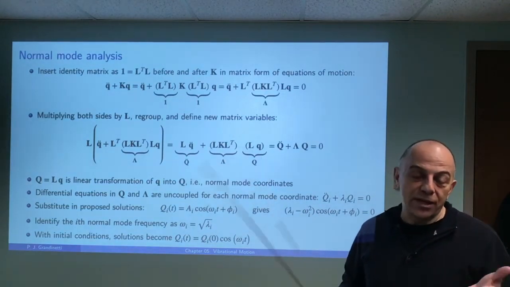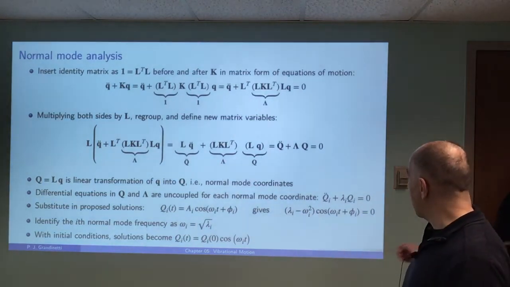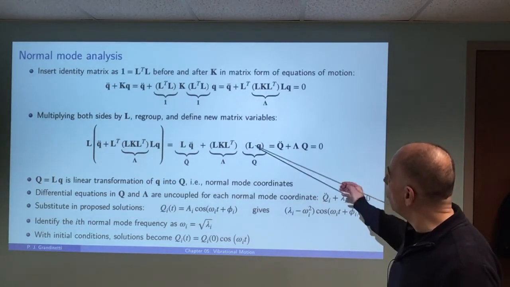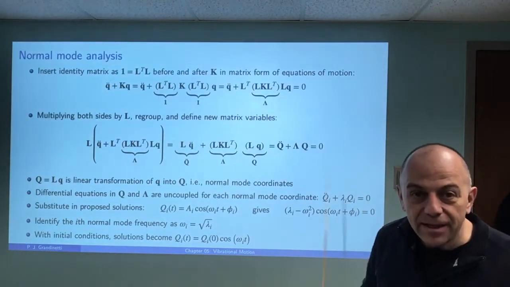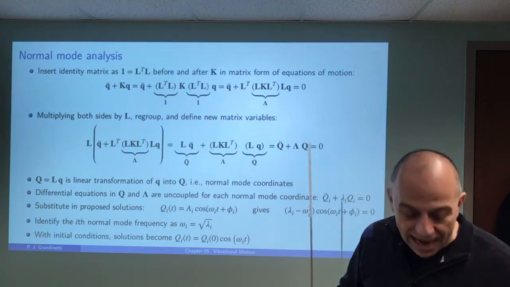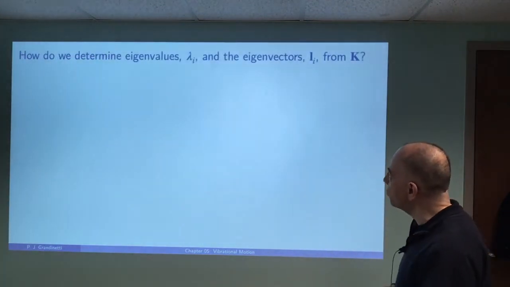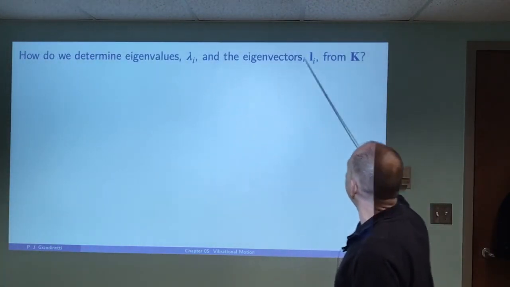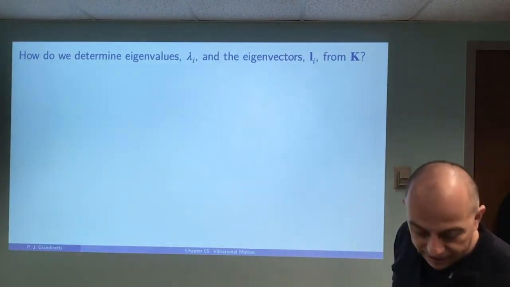So we need to do two things then. We need to figure out what the eigenvalues are and what the eigenvectors are. The whole problem comes down to that. So we need to determine the eigenvalues and the eigenvectors of K.